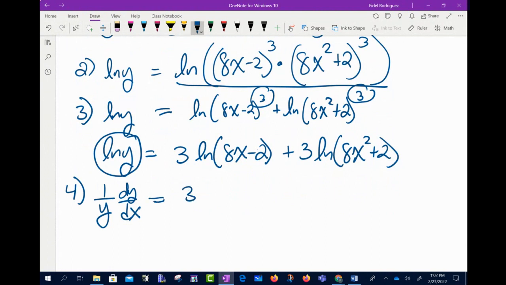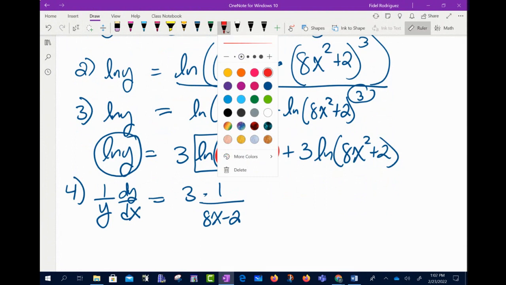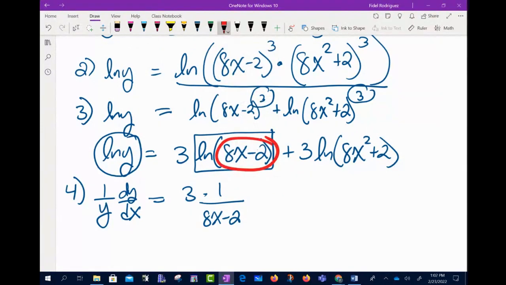Here's 3. The way we take the derivative of a logarithm, it's always going to be 1 over whatever I'm taking the logarithm of, times the derivative of what we have inside. What is the derivative of 8x minus 2? 8. Yes, the 3 is in the front.